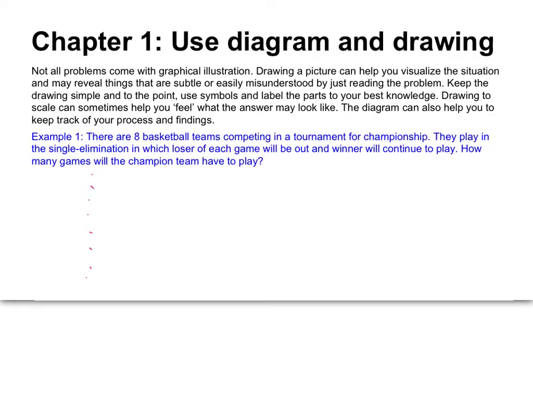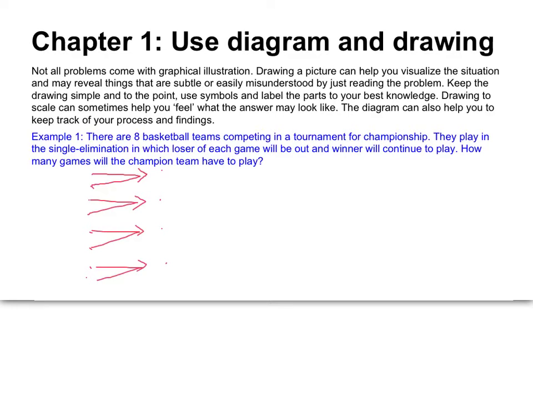And I know that each 2 teams will compete and a winner will come out from each game. So I'm going to pair up 2 teams and find a winner. After first game, only 4 teams remain.